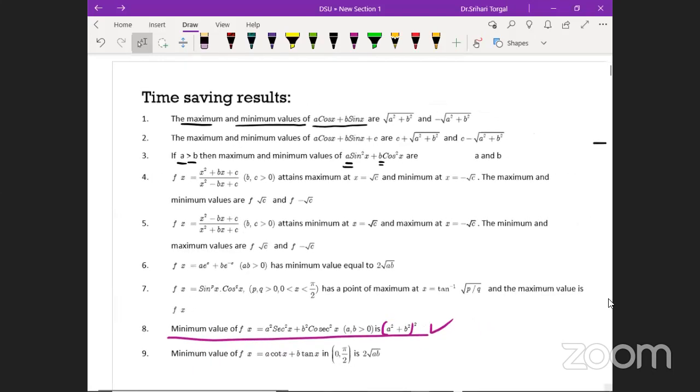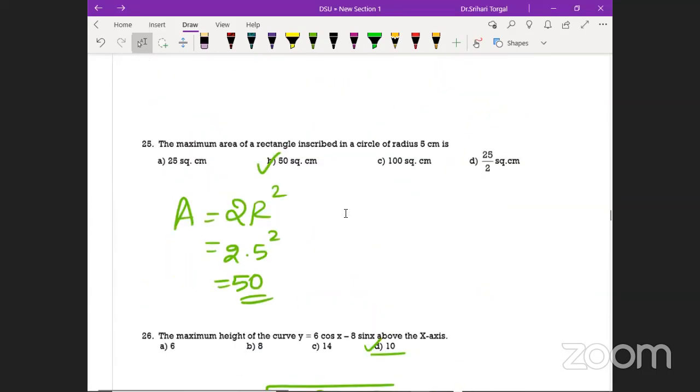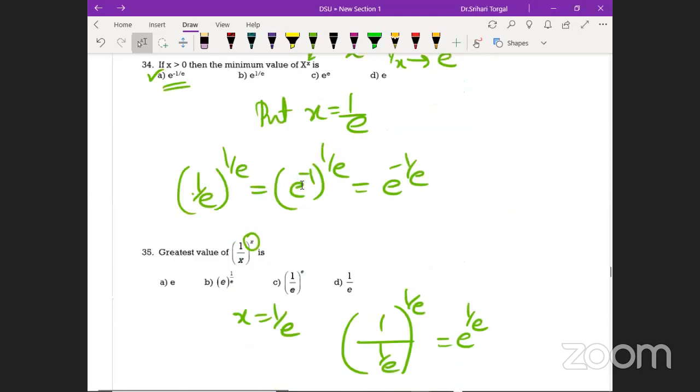Here the maximum value is A and minimum value is B. Whichever is maximum, you have to take that as maximum. Whichever is minimum, you have to take that as minimum. Using that result, I can mark it directly. See here.